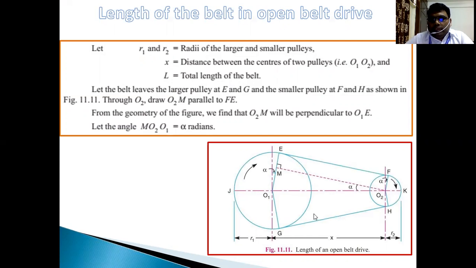This is the larger pulley, which has a radius we assume to be R1, and this is the smaller pulley, which has a radius of R2, and X is the distance between these two pulleys. This is X, and L is the total length of this belt.